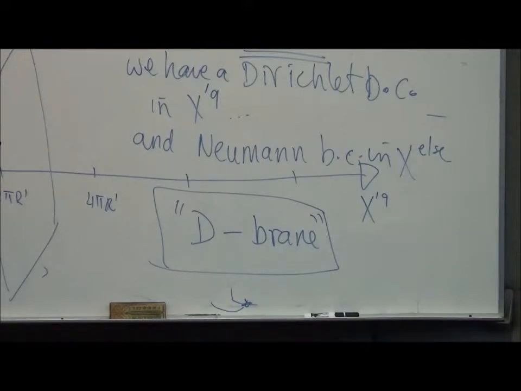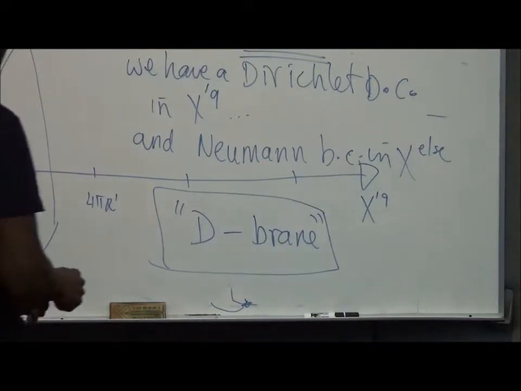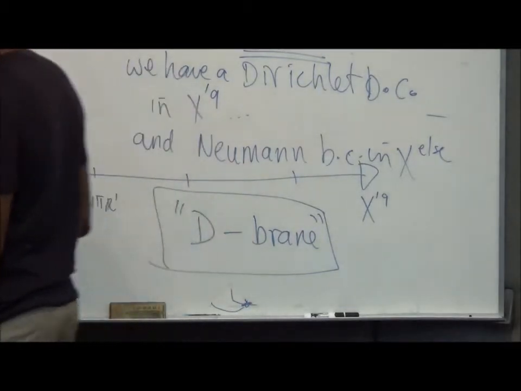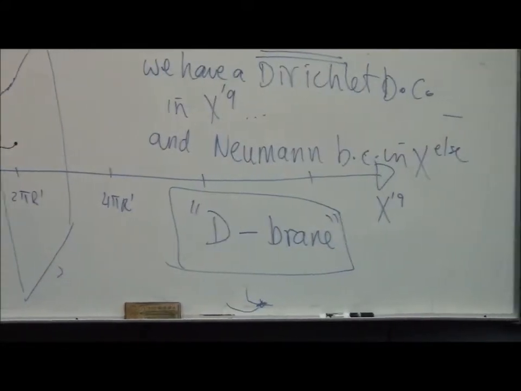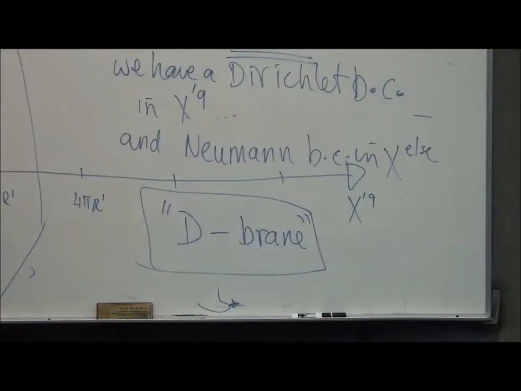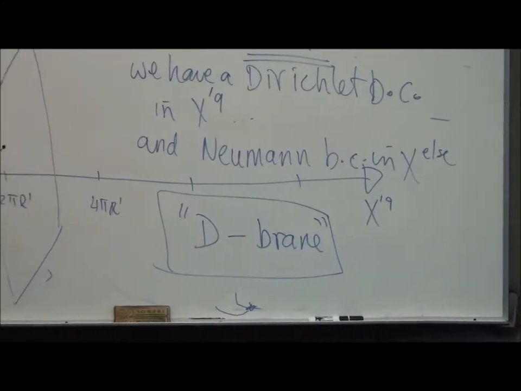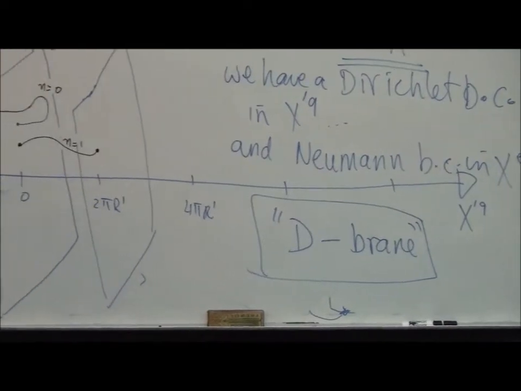And then D is the language. The additional piece of notation that people tend to use is to count the number of directions that are Dirichlet, that are Neumann, telling you what is the dimension of this extended object. Is it a membrane? Is it a string? Is it some higher dimensional object?